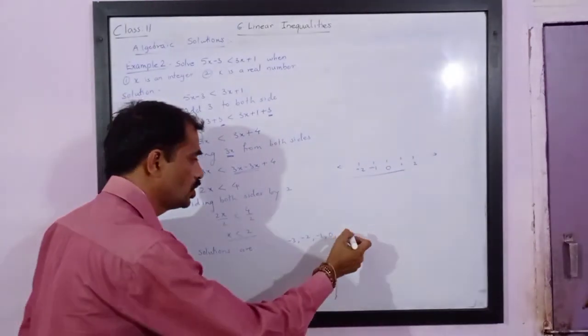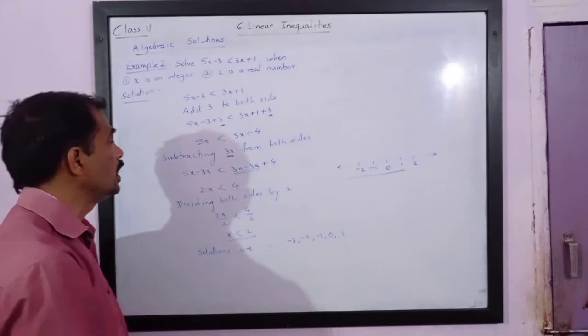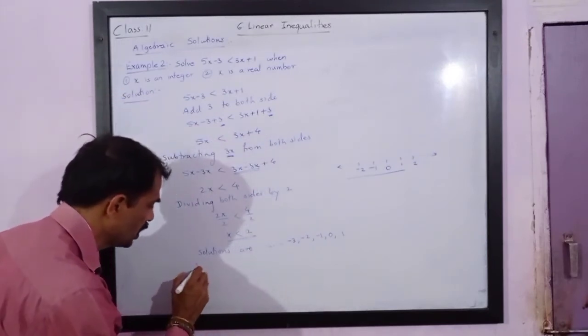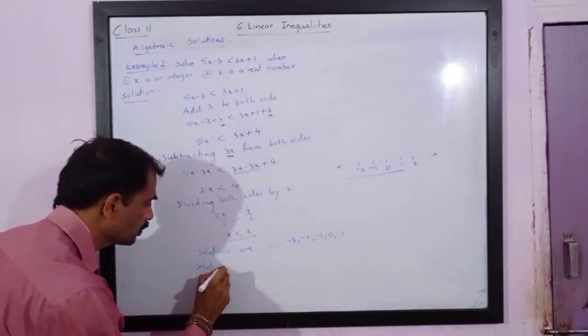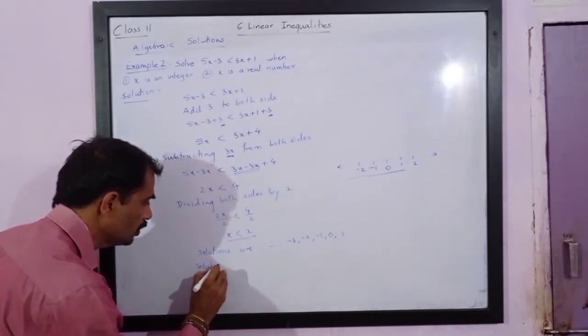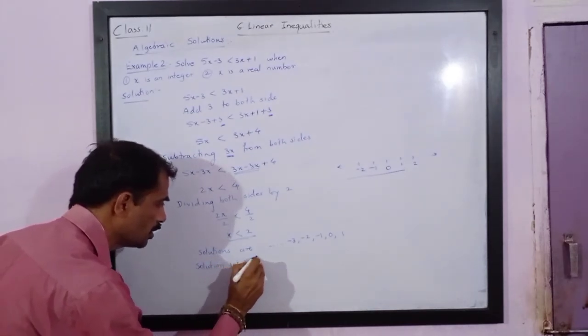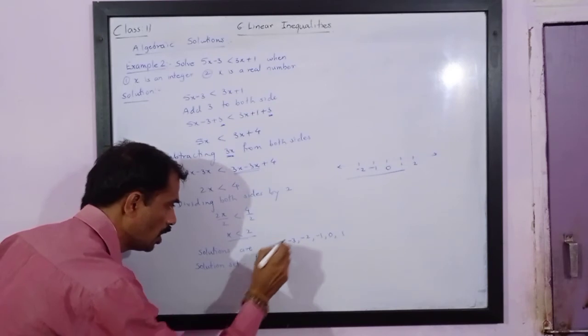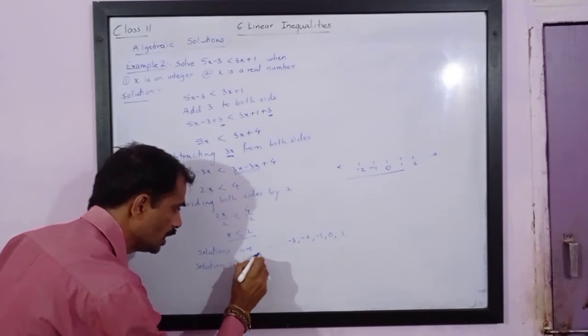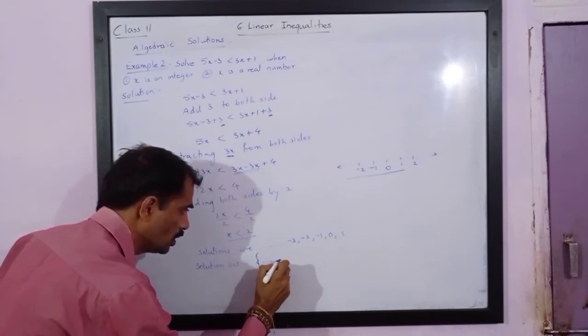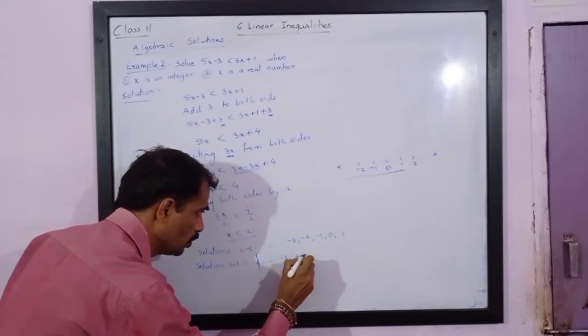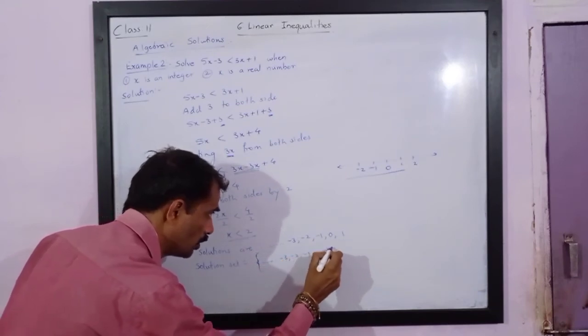So these are the solutions of the inequality, and the solution set is the set of all these integers, that is dot dot dot, -3, -2, -1, 0, 1.